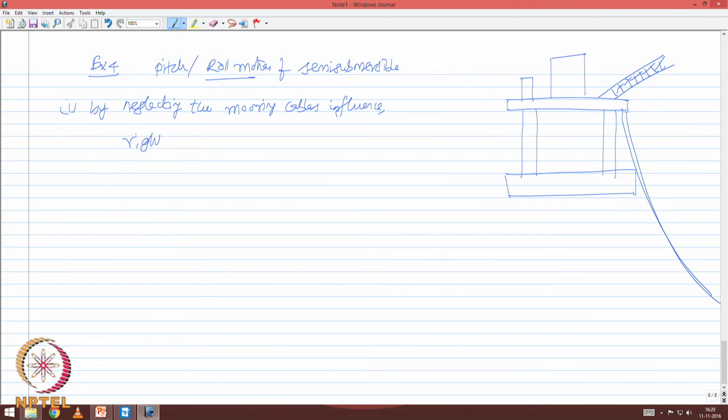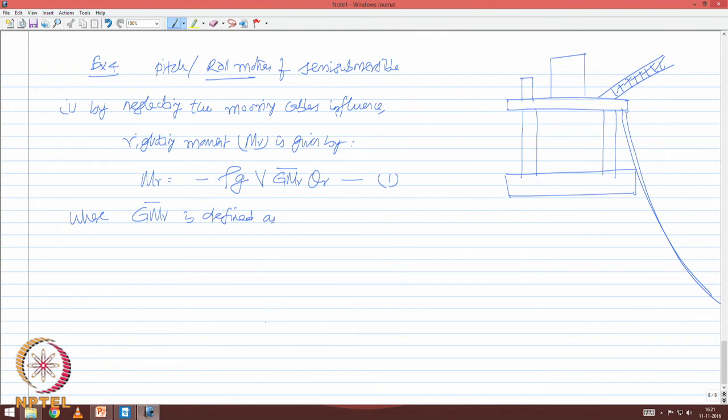the righting moment, I should say M_R, is given by ρ g V g M_R θ, that is ρ g V GM_R, where GM_R is defined as the metacentric height of the platform, let us say for the roll degree of freedom.